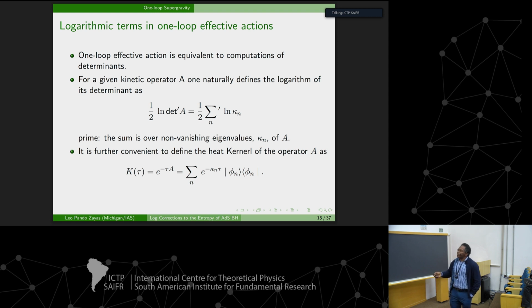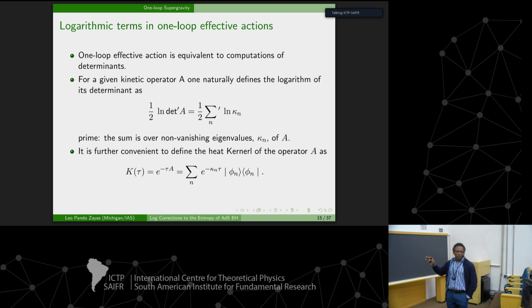Because we want to compute fluctuations around this background solution, what I end up doing is essentially looking at determinants. When I integrate these quadratic fluctuations, I need to evaluate some determinants. One prescription to evaluate the determinant is to say that the log of the determinant is the sum of the logs of the eigenvalues, but I don't want the zero eigenvalue here because it will create a lot of problems, giving me zero.